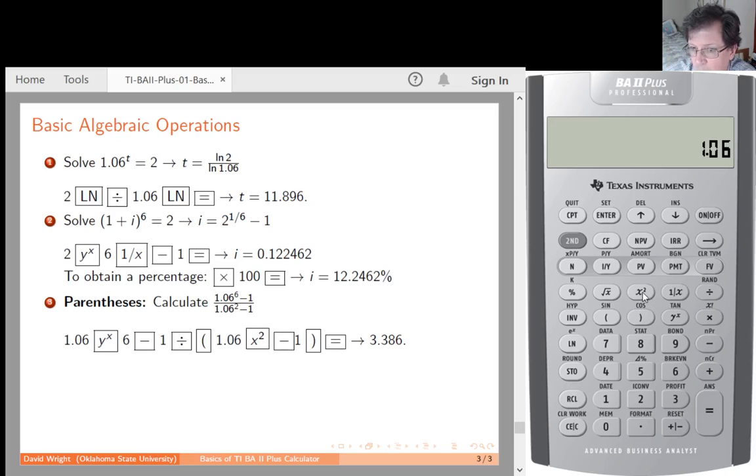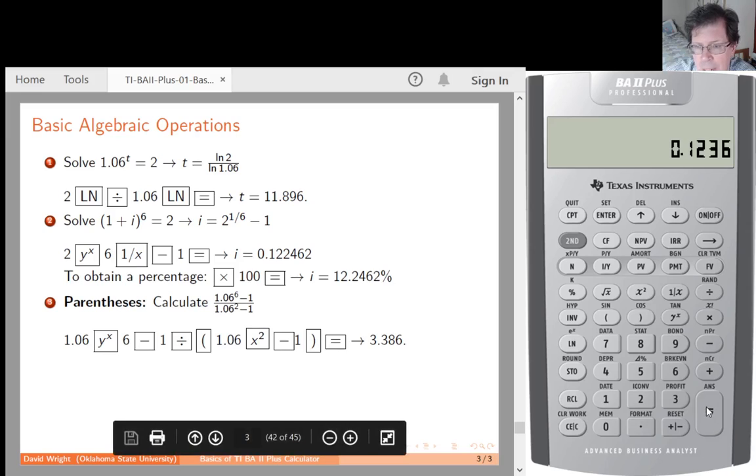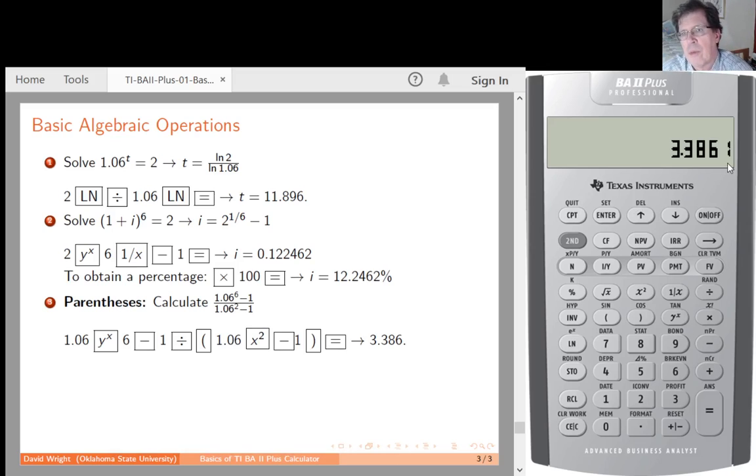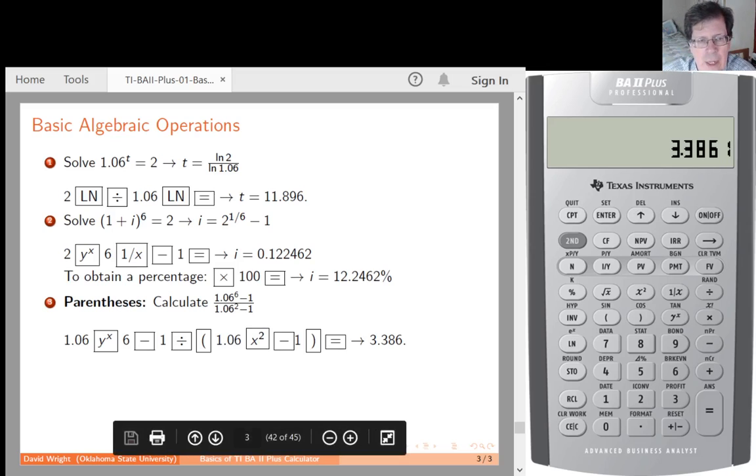There is actually a squared power, this x squared button. So if you click that, it squares it, minus 1. Okay, now I'm ready to close parentheses. And when I do that, I got the value of the denominator. And if I want the answer, I have to say equals. And I get 3.3861. And that is the answer to that problem.